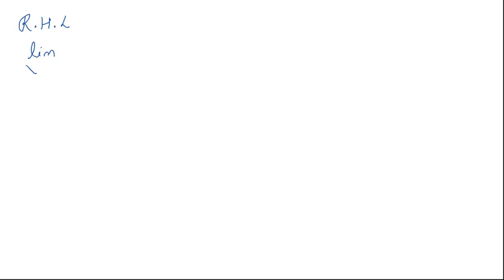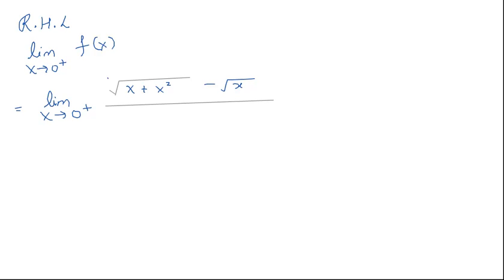That is the limit as x approaches 0 from the positive direction of f(x), and let us see what our function is. For the positive direction, the function is (√(x + x²) − √x) divided by x^(3/2).